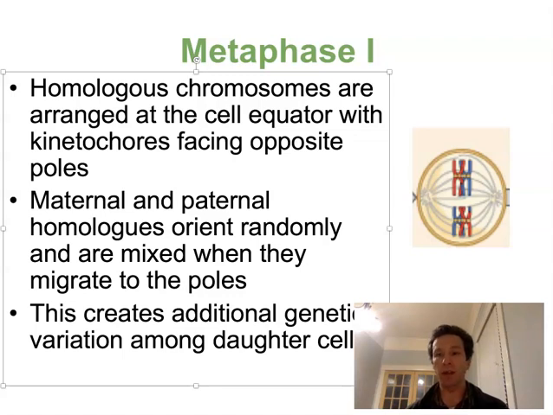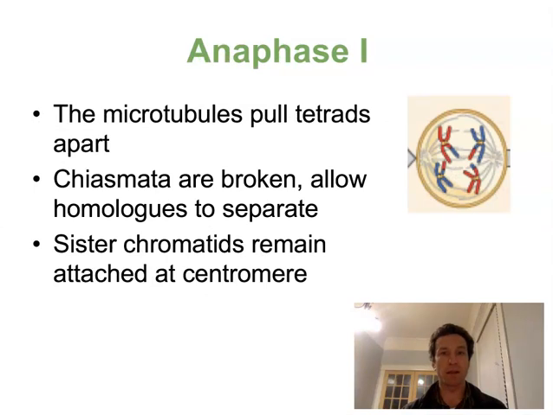So we've now talked about the two main mechanisms that cause genetic variation to occur during the process of meiosis. To review, those are first, crossing over, and second, random alignment of homologs on the metaphase plate in metaphase I. So let's move on and see what happens in anaphase.